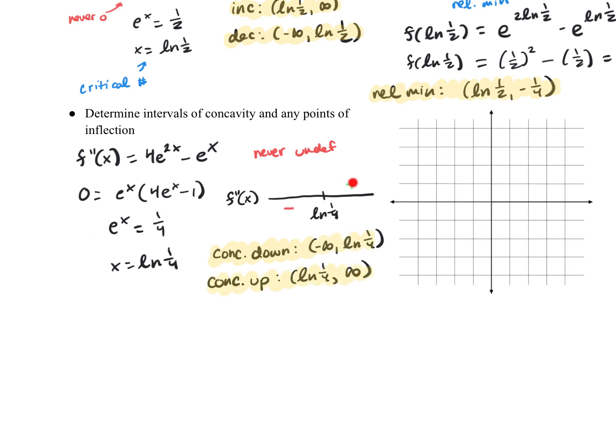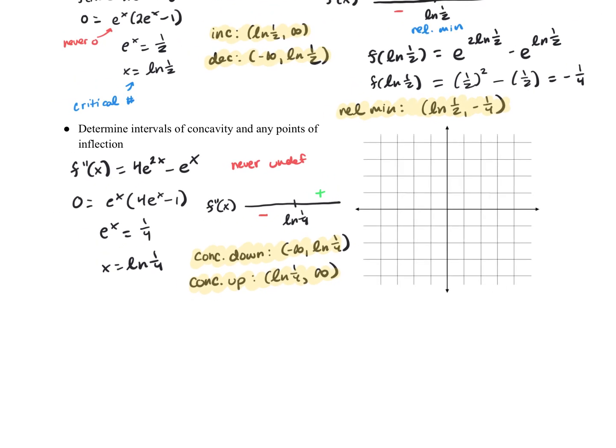And you can see that we are actually changing concavity, so we're going from concave down to concave up, so this is our point of inflection. So then we need to substitute that into our original function. So f of natural log of 1/4 equals e to the power of 2 times natural log of 1/4 minus e to the power of natural log of 1/4.